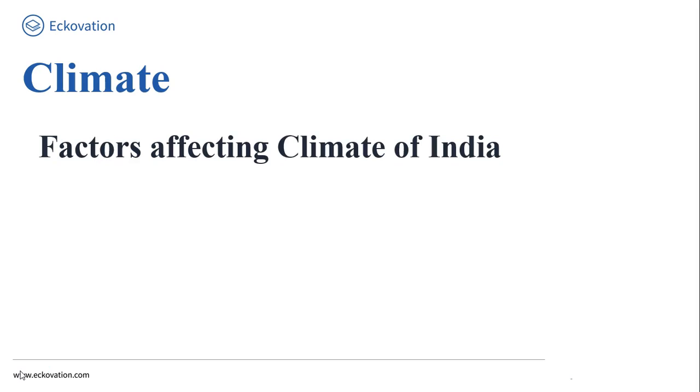We will continue our discussion with climate, and now we will see the next factor which affects the climate of India, that is air pressure and wind. Friends, when we talk about air pressure, the climate and associated wind conditions in India are governed by the following atmospheric conditions.